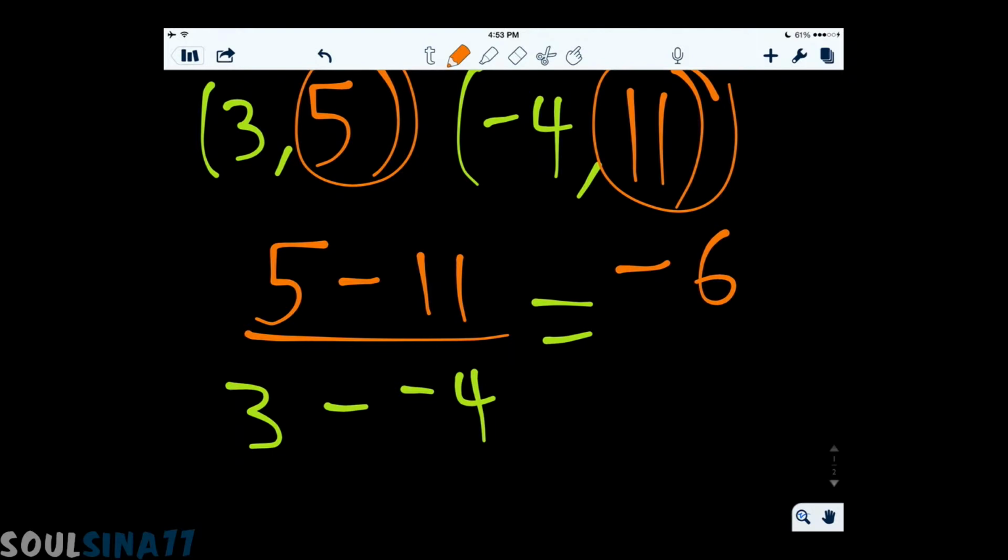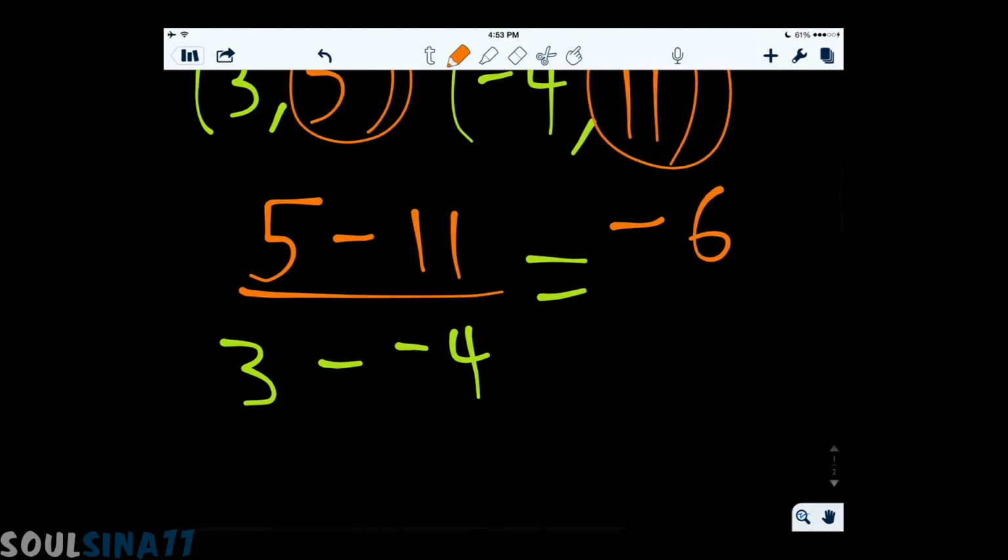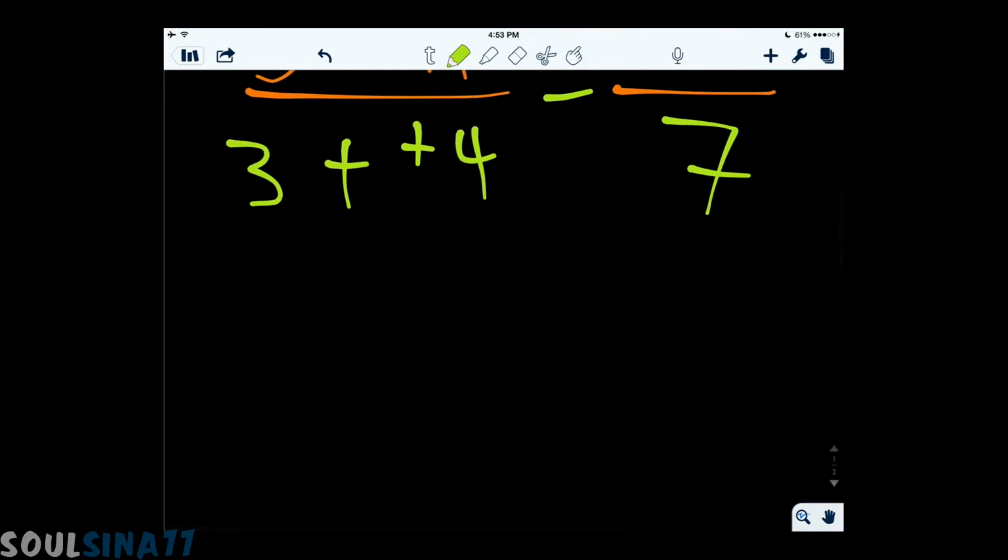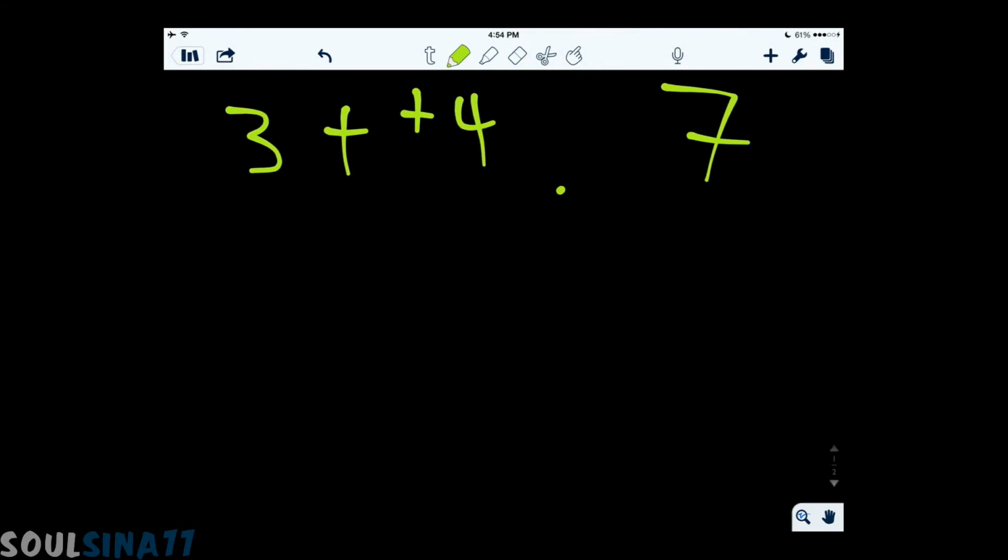That's the way I learned when I was younger. Maybe that'll help you. For 3 minus negative 4, negative negative makes it positive, so it's just 3 plus 4, which is 7. So we get our slope equals negative 6 over 7.